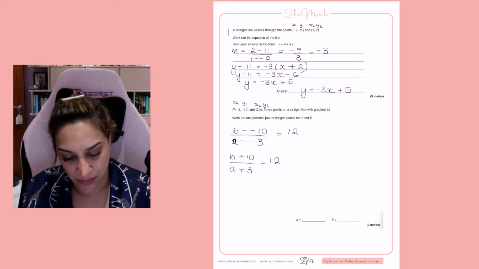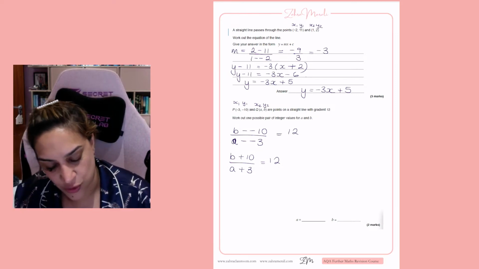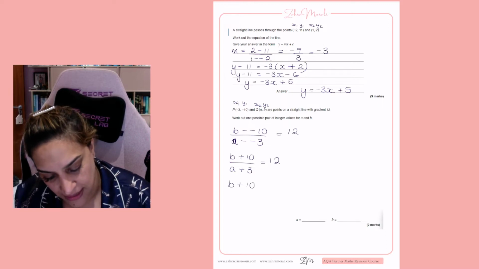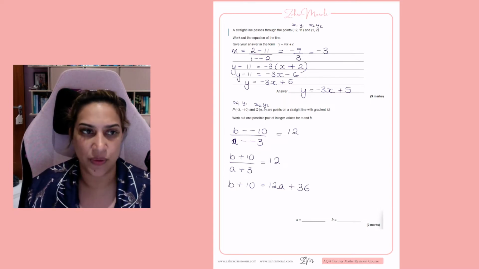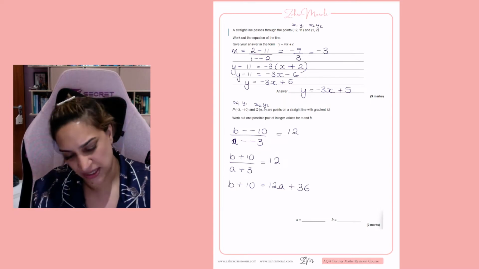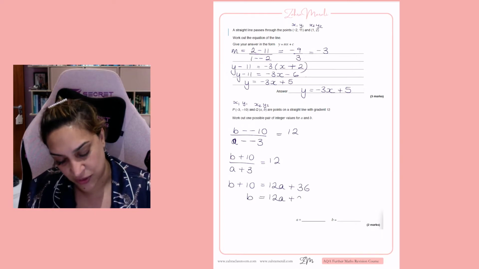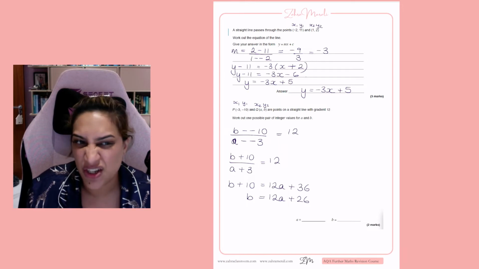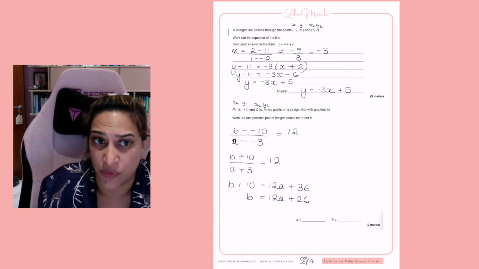Okay, let's multiply this bit underneath up here. So we're going to get 12 times a to give us 12a, 12 times 3 to give us 36. And I think it's quite easy to find an expression for b here. So we'll get 12a plus 26, and then we can just substitute values in. It says integer values, so we want whole numbers.